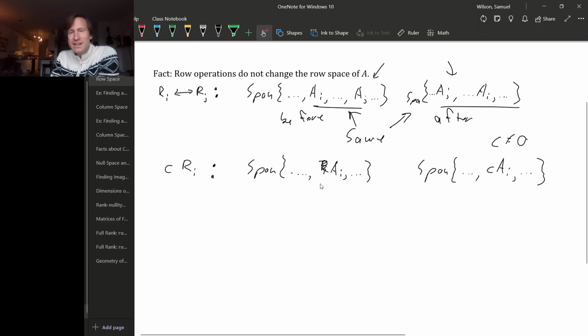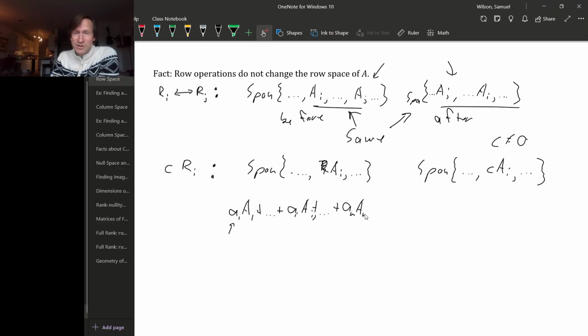Well, if you look at what all of these linear combinations would look like, it's going to be little a1, right? Little a is a coefficient, so little a1 row 1 plus, and so on, all the way up to little ai row i, and then all the way out to little am row m.